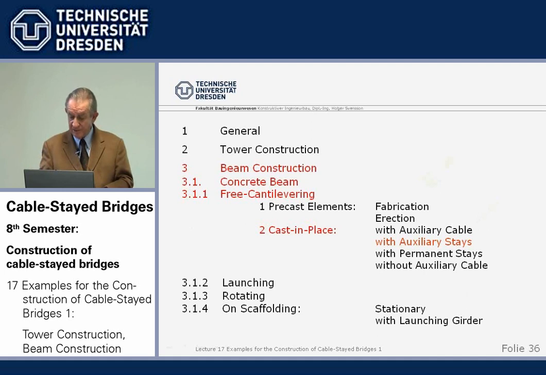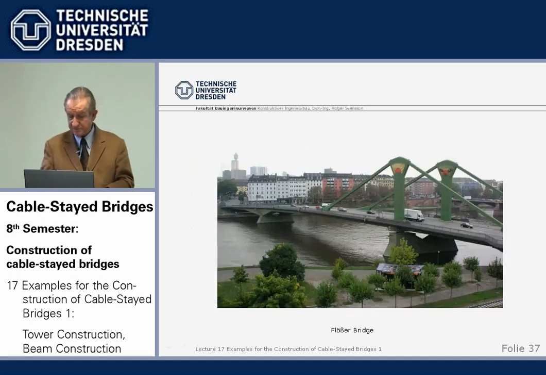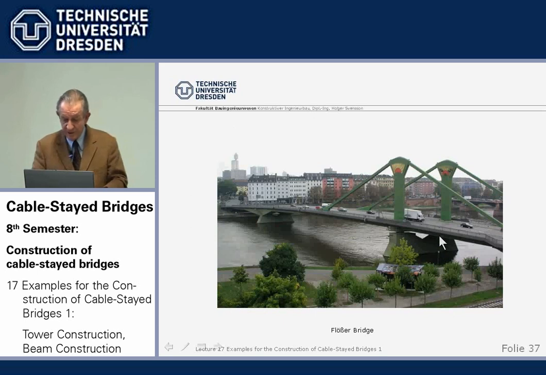Now we look into a completely different construction method, which I call auxiliary stays. We use an example, quite unusual example, the Flößer Bridge in Frankfurt. Now, this was done by architectural reasons, this design.